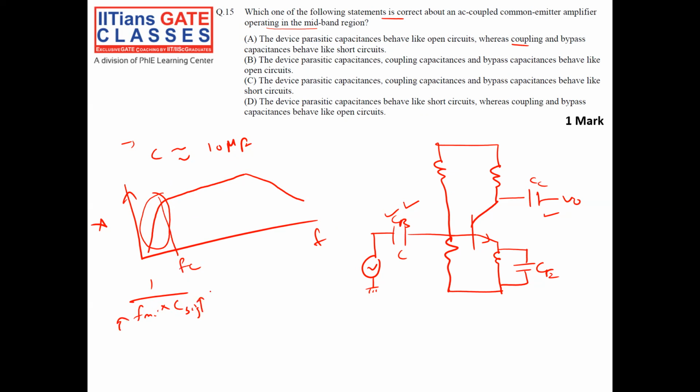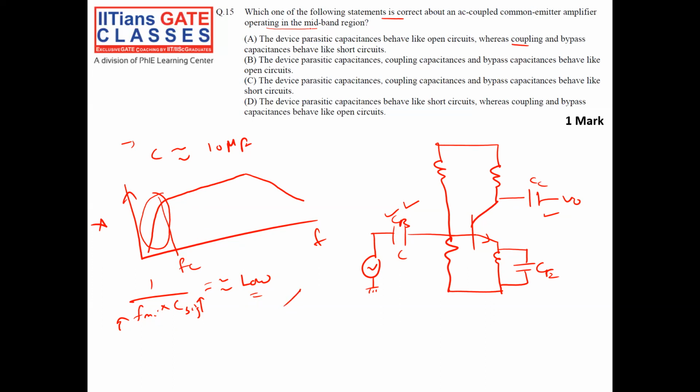So 1 by 2 pi f C becomes very, very low. Okay. So the impedance offered by these capacitances CB, CC and CE in the midband is very, very low, and can be treated as a short circuit, because 1 by frequency times a high capacitance, right? 1 by high and high will be low only. Okay, so these capacitors behave as a short circuit in the midband, right?